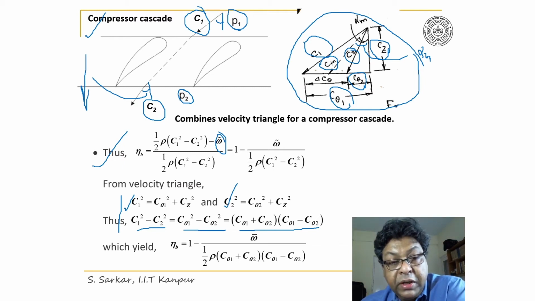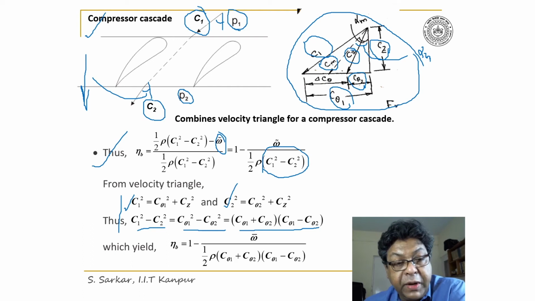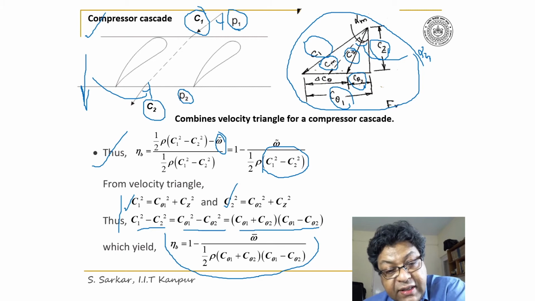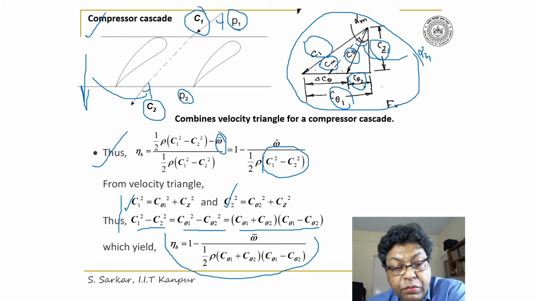Now, if you substitute the value of C1 square minus C2 square in the expression of eta b, you will get eta b equal to 1 minus omega tilde divided by half rho C theta 1 plus C theta 2 into bracket C theta 1 minus C theta 2. Right?